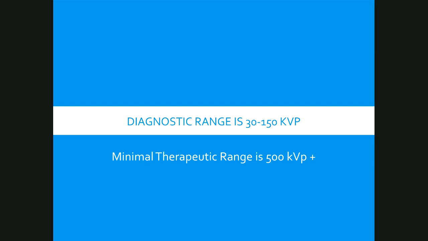So kilo is 10 to the third, or 1,000. So it's 30,000 to 150,000 volts is what we're talking about. So that's the range that we use. When we take diagnostic images, our control panel is set somewhere between 30 and up to 150 kilovolts.